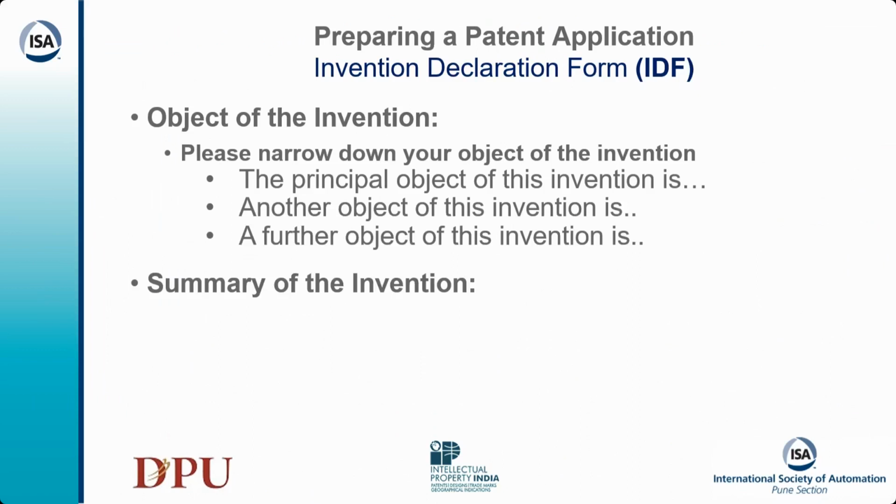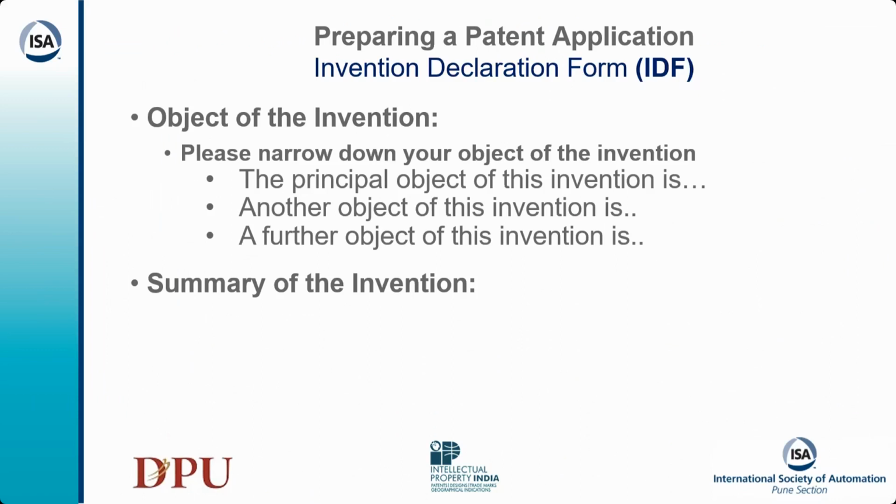Likewise, you can go on adding, and approximately 5 to 6 objects must be mentioned in the object of invention. And this is a very important thing, because as you are the inventor, you must know what is the purpose, what are the objectives which this device is going to serve. And likewise, we have to mention the objects of invention.